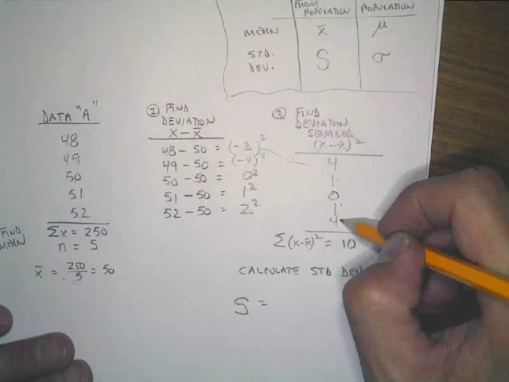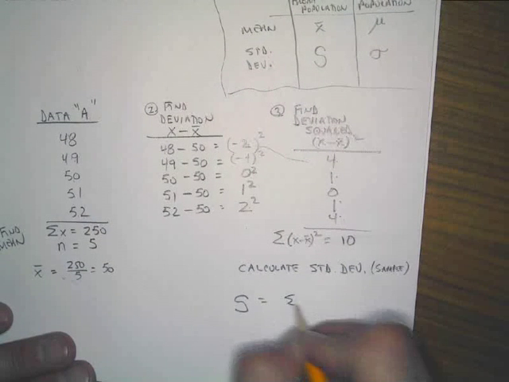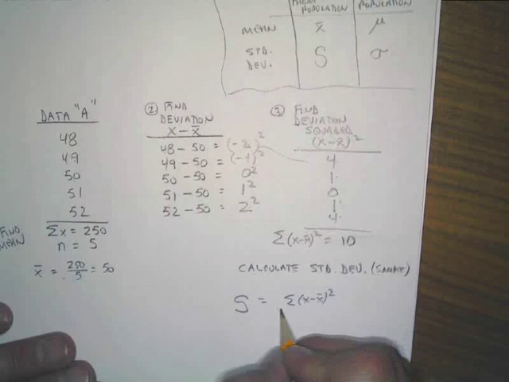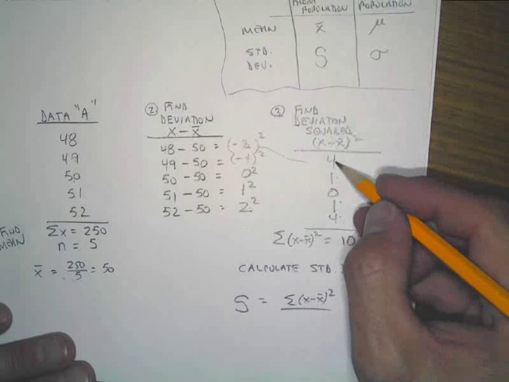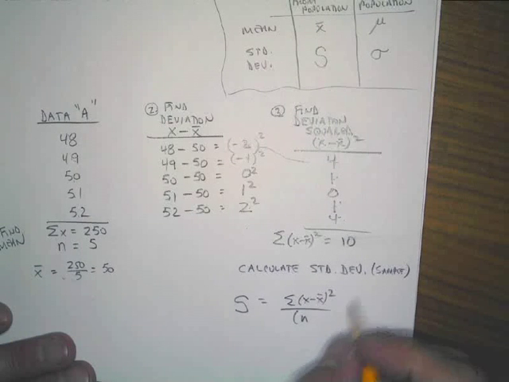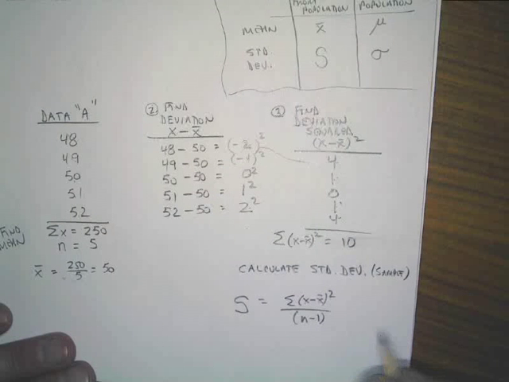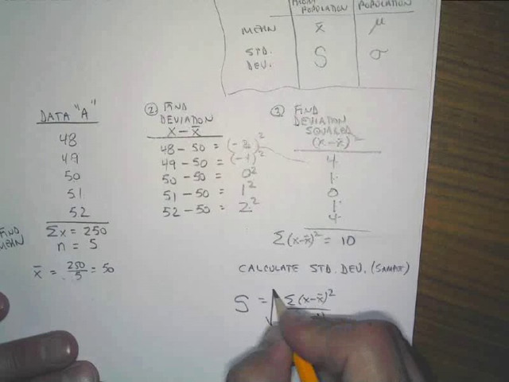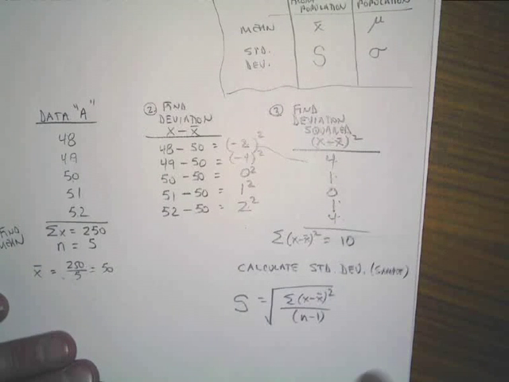So we are going to take these numbers, which is x minus x bar squared, and we are going to divide them by the number of data values, 1, 2, 3, 4, 5, which is n, except because it's a sample, you have to subtract 1. And then, because we squared these things, we have to unsquare them with a square root.